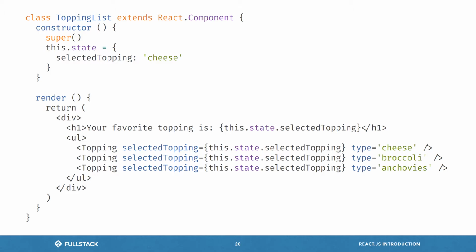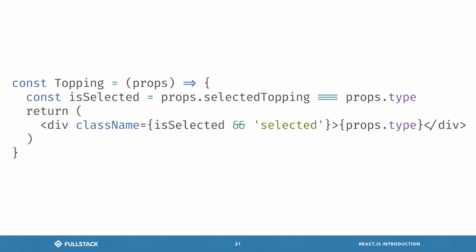So our topping list might look something like this. We have this.state, the selected topping is cheese. And then we have an H1 saying what our favorite topping is, and it's our selected topping that's currently in the state. And then we're passing down the selected topping to each of our topping components as a prop, so that each of them can know what the selected topping is at any given time. And the reason we might want that is here's topping.